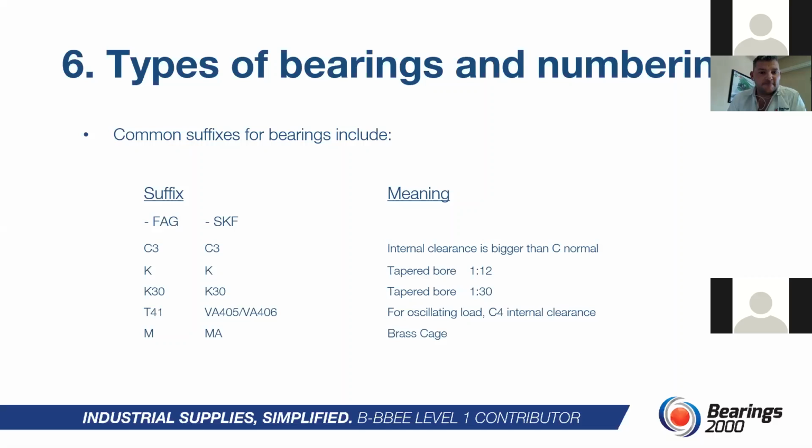And then the new one here will be, in FAG's instance, T41, or in SKF, the VA405 or VA406, which will indicate that it's for oscillating load or vibrating screens, and automatically comes with a C4 internal clearance. And then the last one is an M or MA, which will indicate a brass cage.